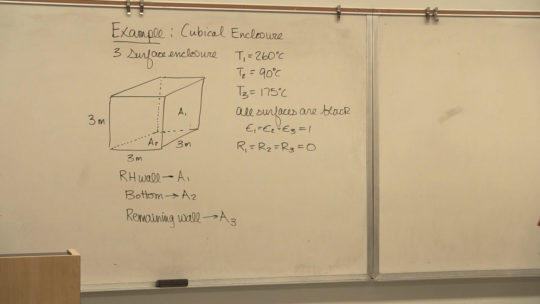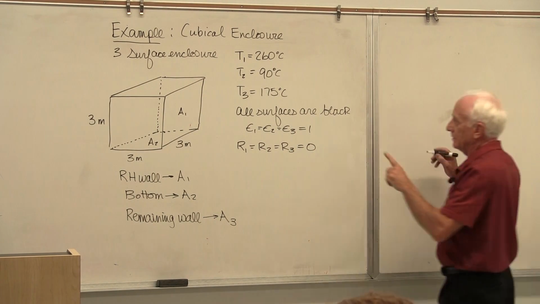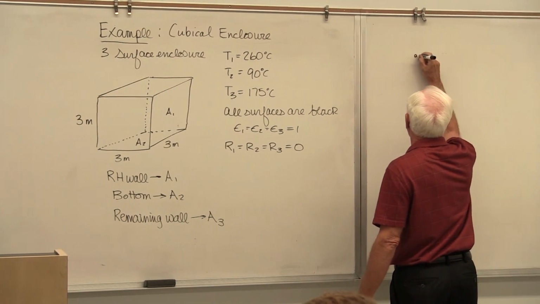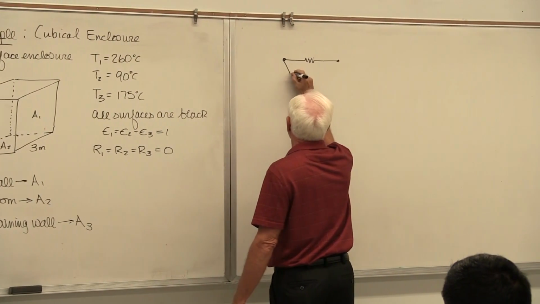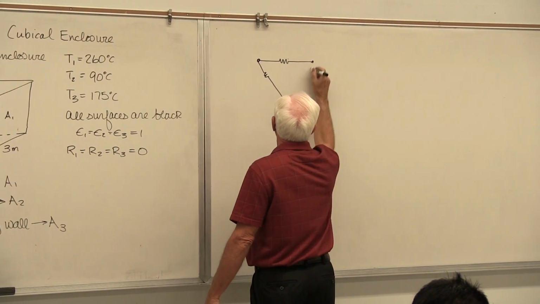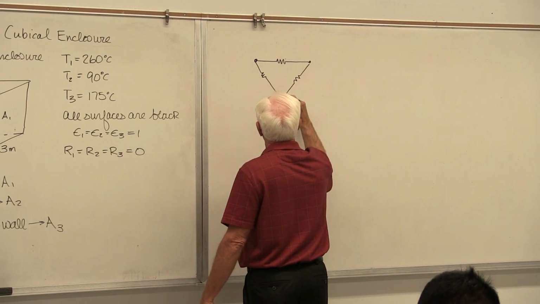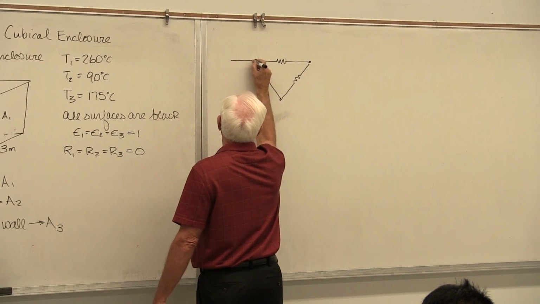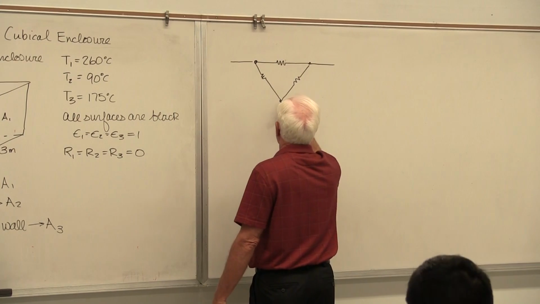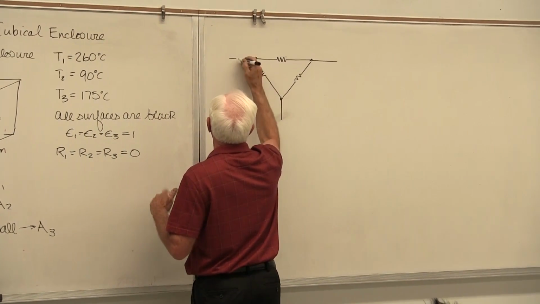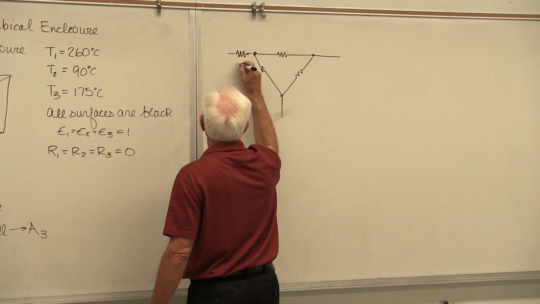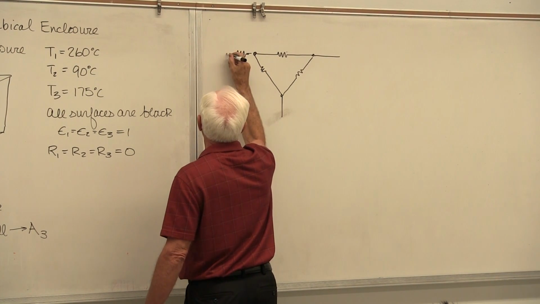Okay, so draw a thermal circuit like this. But now, rather than two, you've got three nodes. They're all black. Okay, 1, 2, 3. There are the three nodes. Now, I'll put the resistances here and I'll set them equal to 0, but for right now, that's R1.